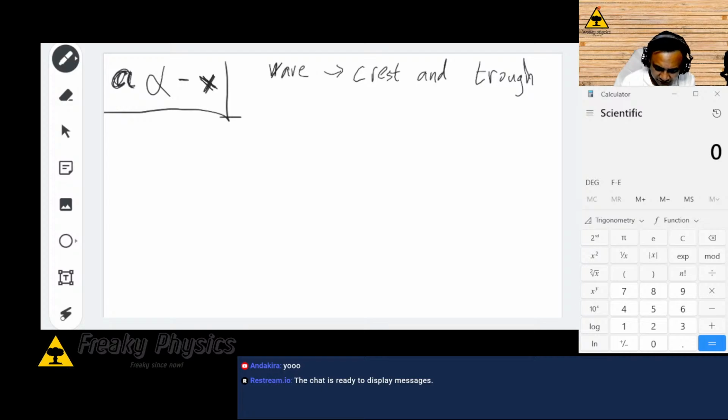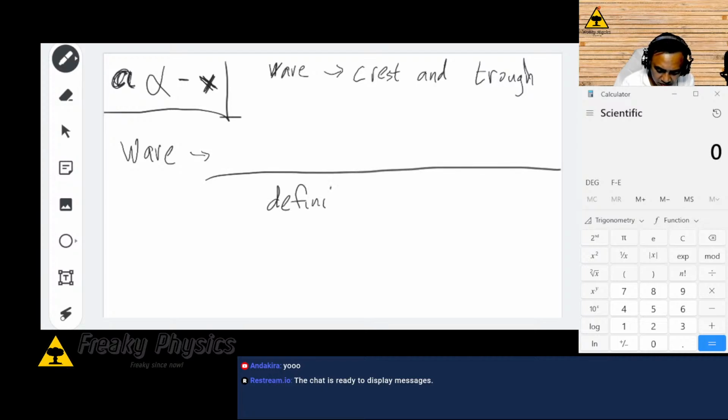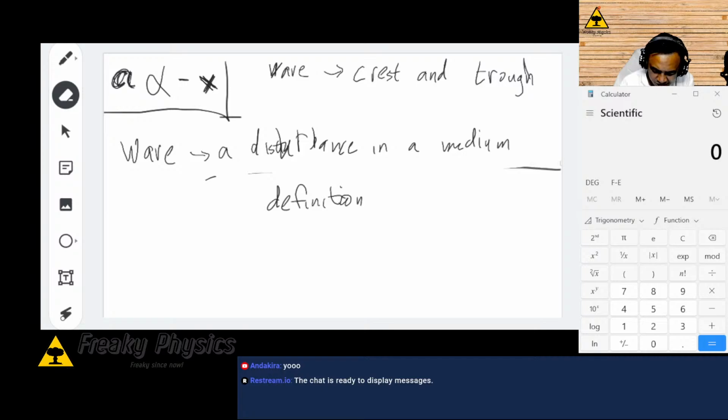However, the best way to define a wave, by definition, is a disturbance in a medium, where energy is transferred but not matter.